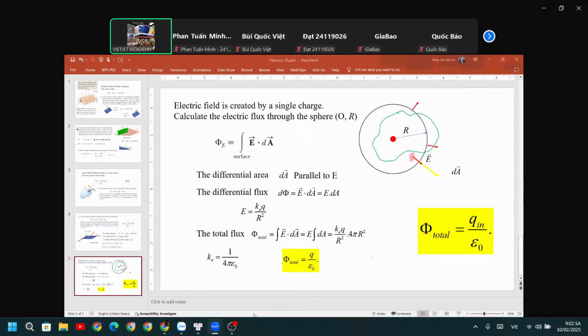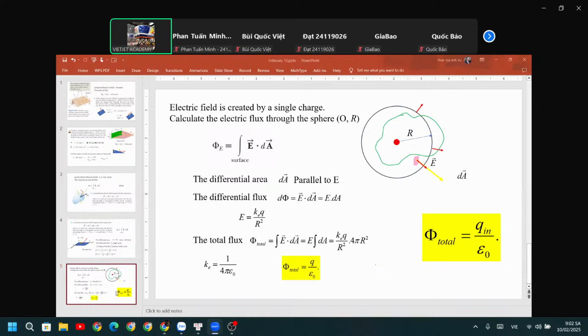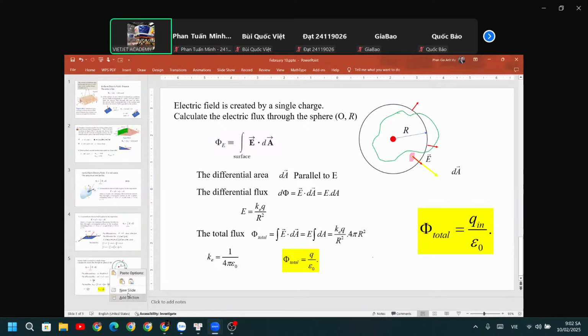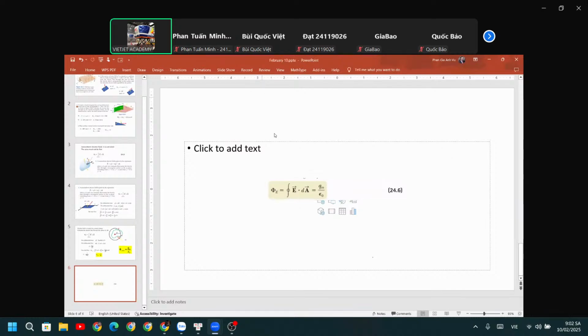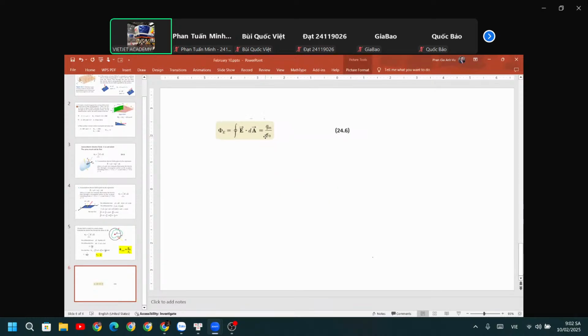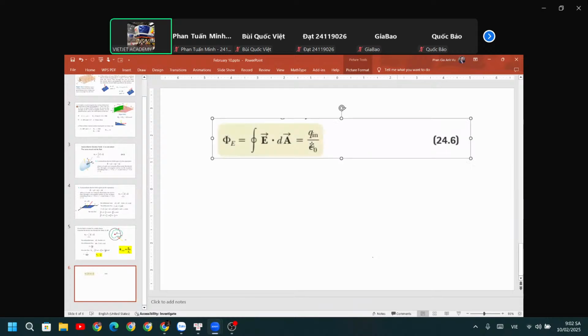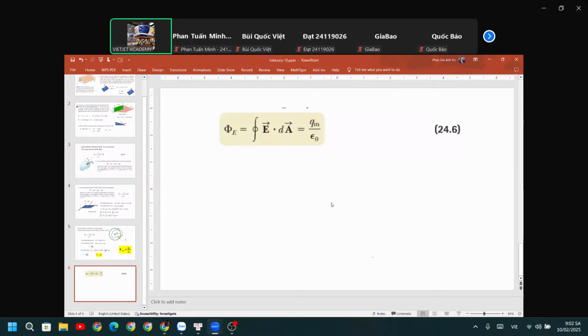So this is what I have from the book. The integral of E dA, so the flux, will be equal to Q in.